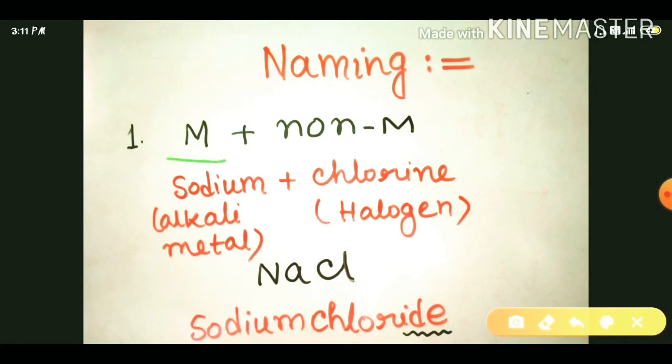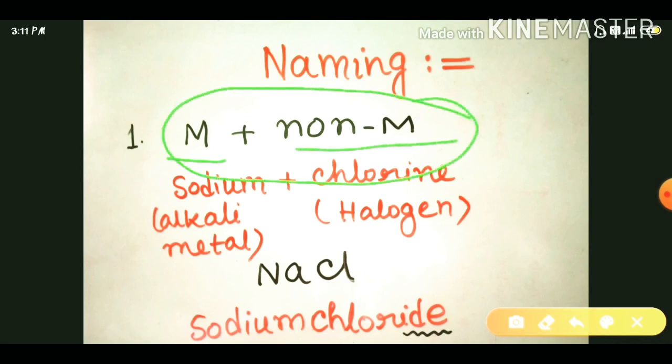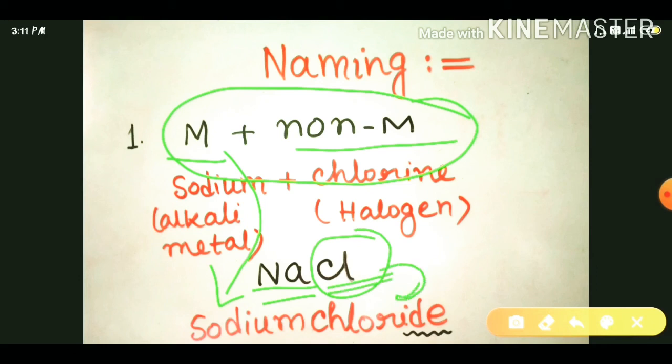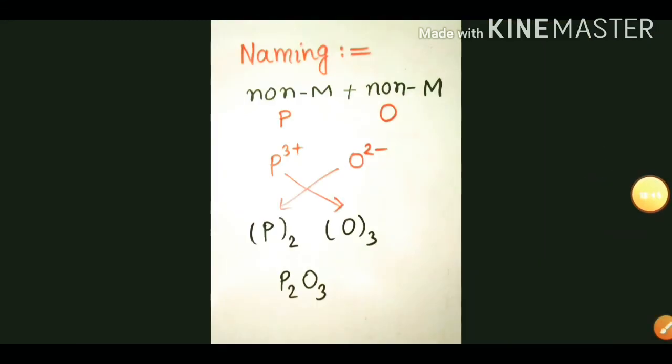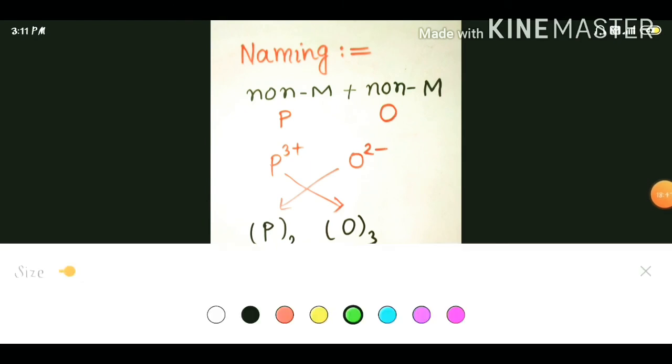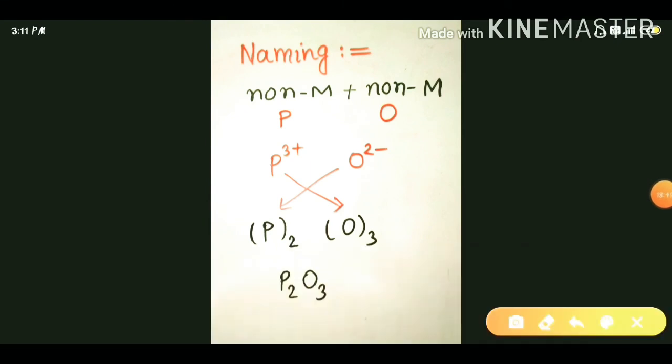Always remember, when metal and non-metal mix to form a compound, we write the name of the metal as it is and the name of the non-metal with the ide suffix added. Okay. Let's see what next.